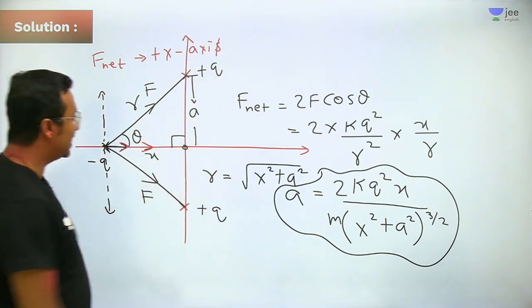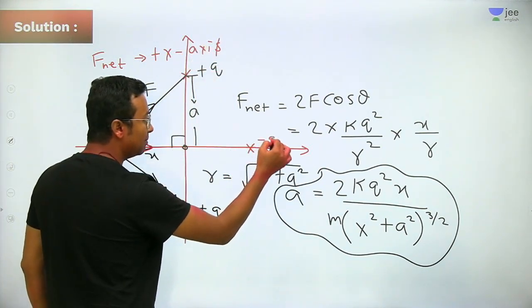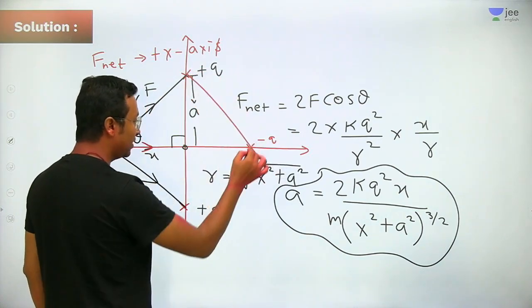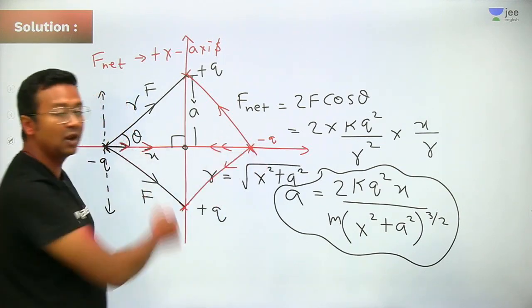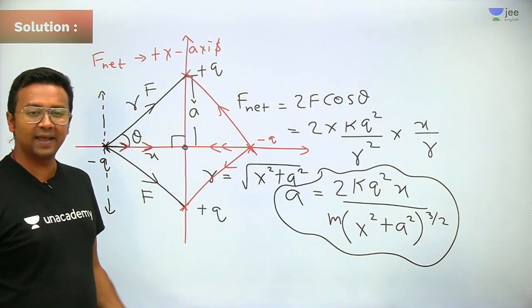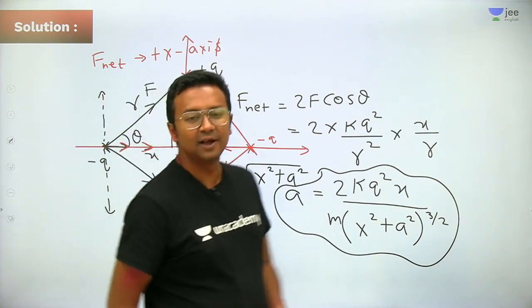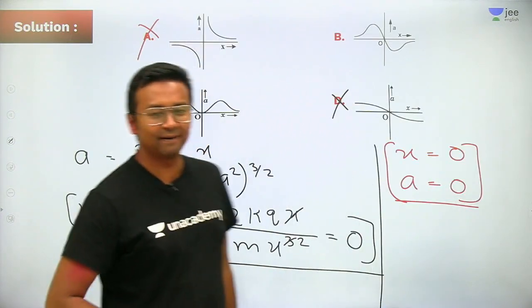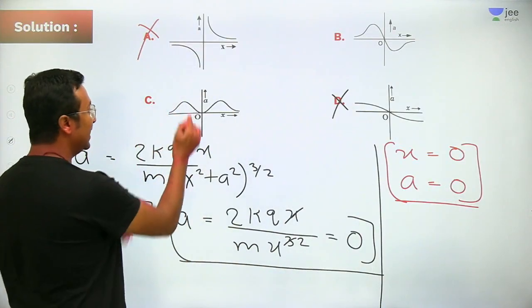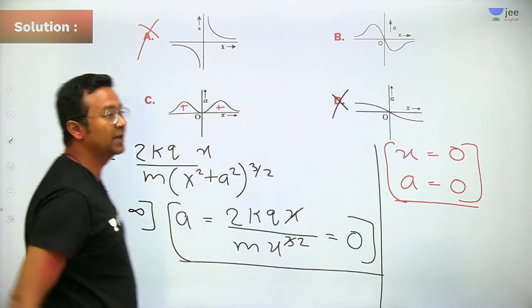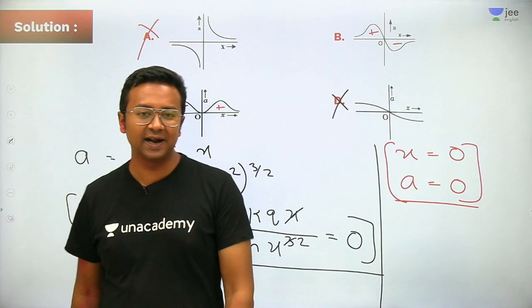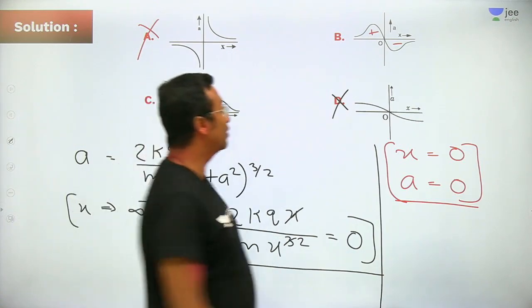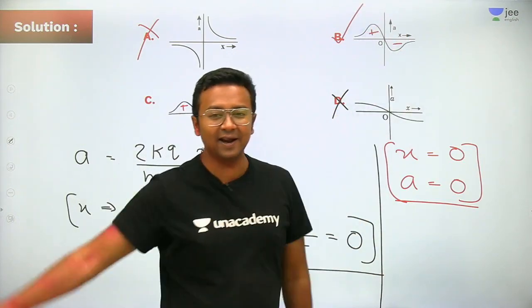And when my charge comes here, minus q, then this force and this force will give me a net force along the negative x-axis. Clear? So if you look at the graph right now, in this region it is positive, in this region also it is positive, in this region it is positive, in this region it is negative. So I think you are smart enough to figure out that option B would be the correct answer.